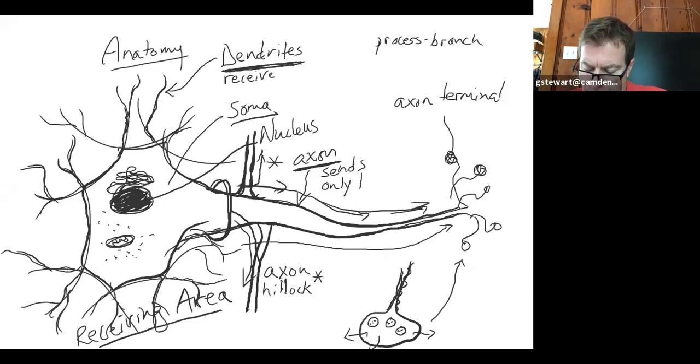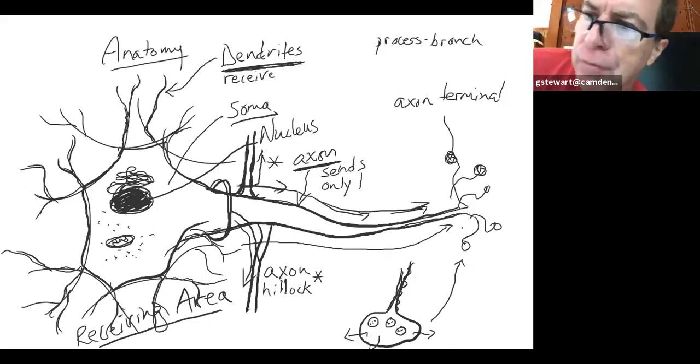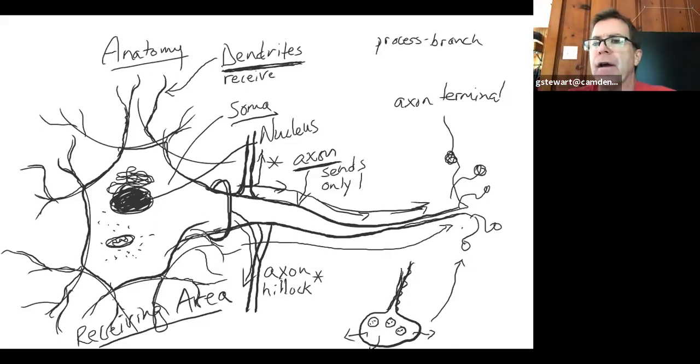I'm just looking at my list here to make sure I went over all of what I think are the most important anatomical structures of this. Finally, this term, axolemma, refers to the plasma membrane of the axon.